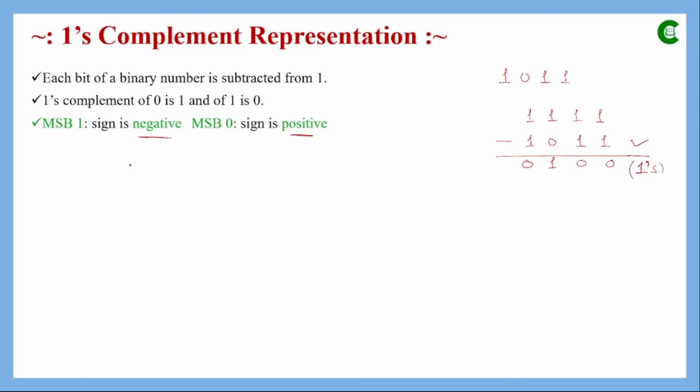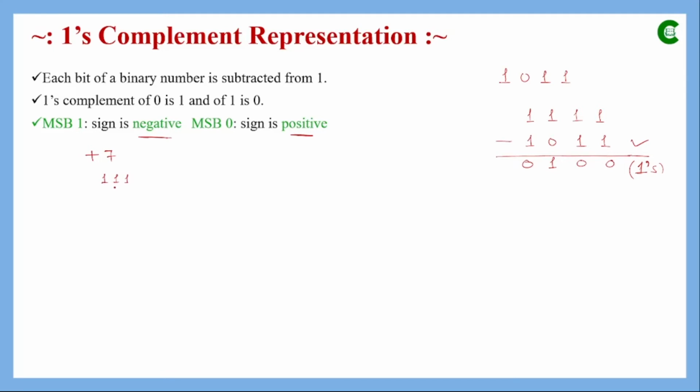Now as I said, if the number itself is a positive number, then we don't have to take any complement for that. Suppose the number is plus 7, so we know the binary equivalent of plus 7. To represent 7 we need a maximum of 3 bits, so it will be 1 1 1. That is the binary representation of plus 7.